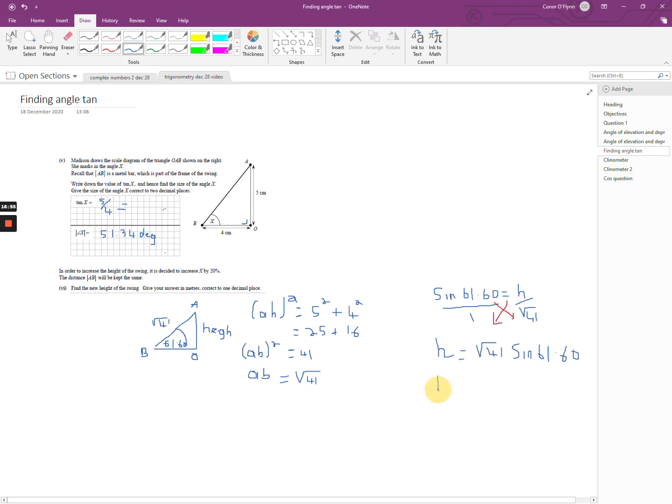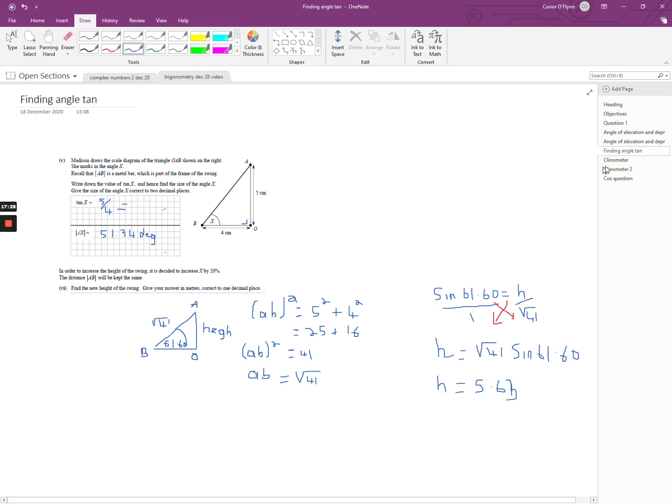So we get our height, 5 point, what did I say, to one decimal place, 5.61. Okay. And multiply by the square root of 41, just double check it. 5.162, decimal 3, I'd say. Okay, and that's our height. So just watch it on the calculator there.